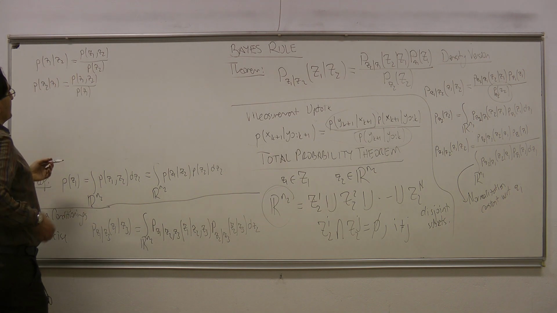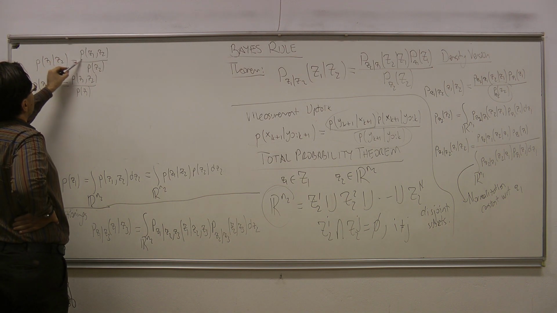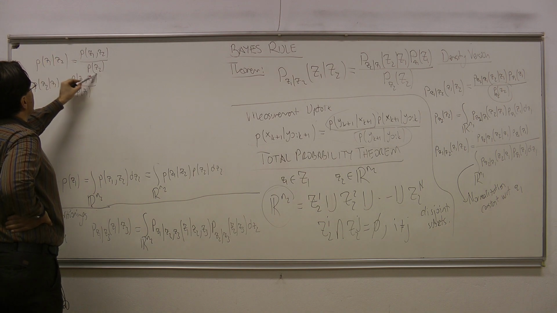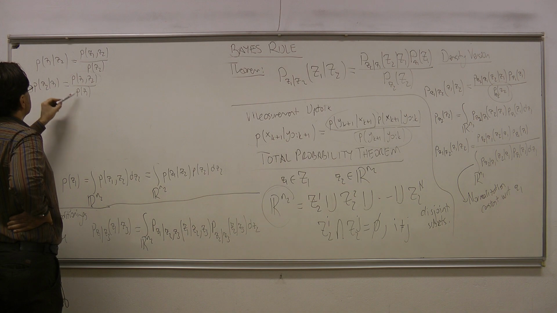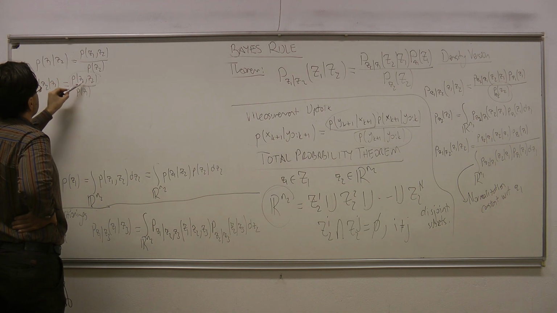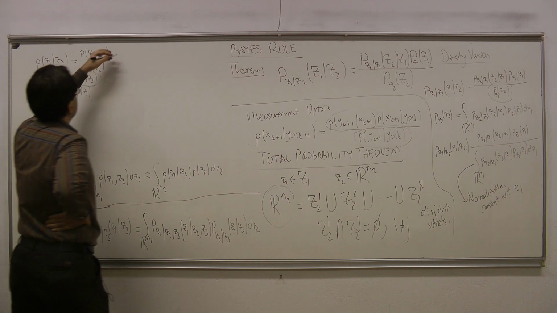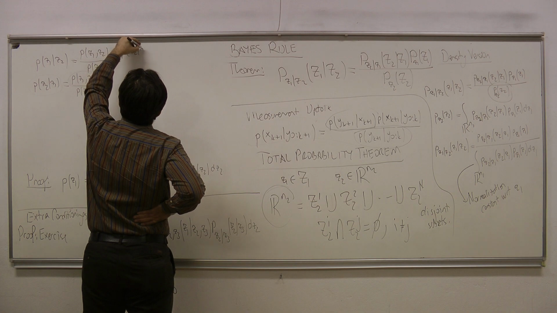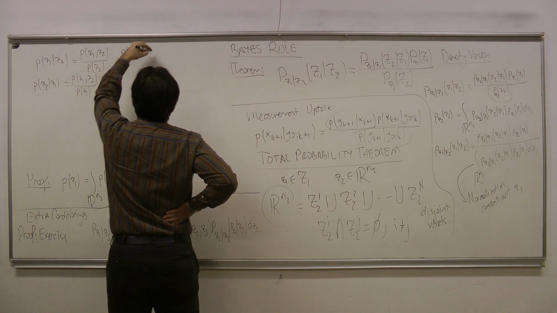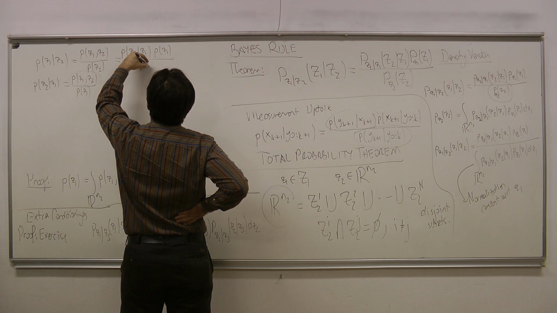The Bayes rule is obtained by doing nothing but replacing this joint distribution here with the formula coming from the other one. I know that P(Z1, Z2) is the multiplication of this distribution with this one. So this is equal to P(Z2 given Z1) times P(Z1), divided by P(Z2).